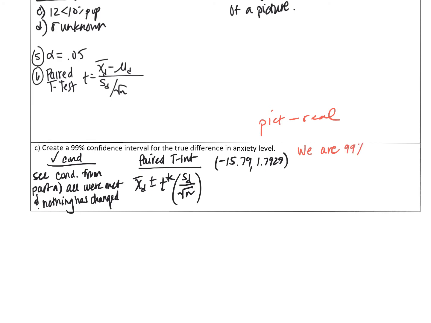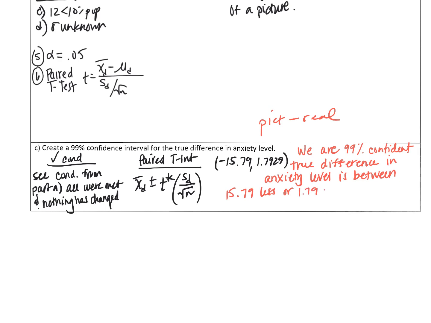So we are 99% confident the true difference in anxiety level is between 15.79 less or 1.79 more when viewing a picture rather than a real spider.